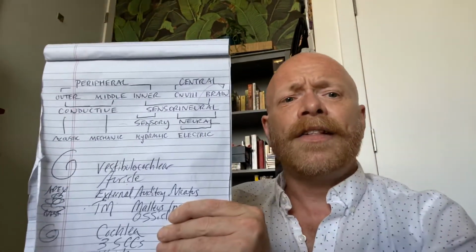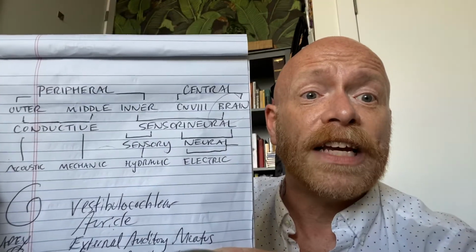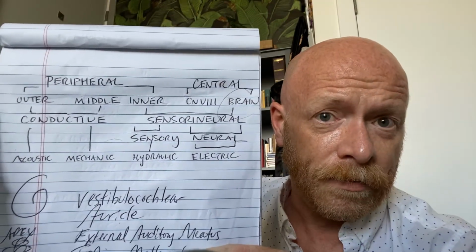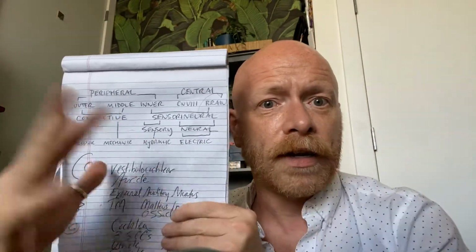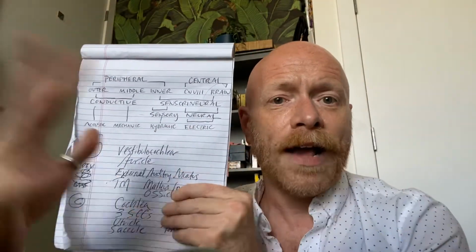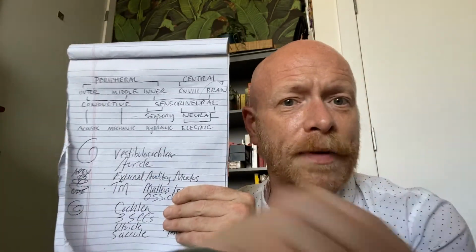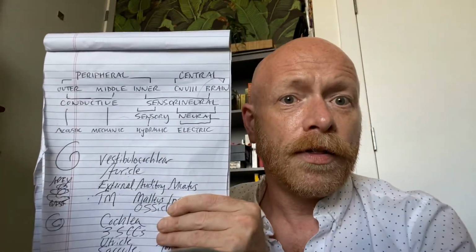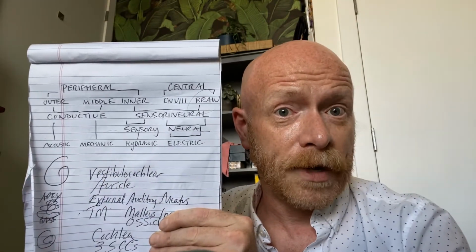Now, this is a little hard to describe in this short amount of time, but you can think of the conductive hearing mechanism as anything that just moves sound through. It's like the conductor on a train. Sound wave energy is just going through it, right? It's being conducted through. Sensorineural, on the other hand, something's being done to that information.